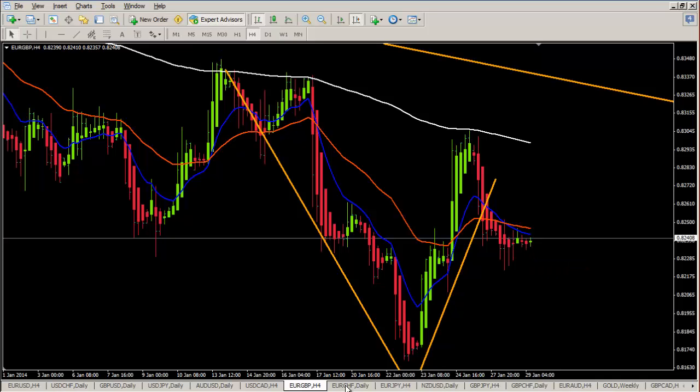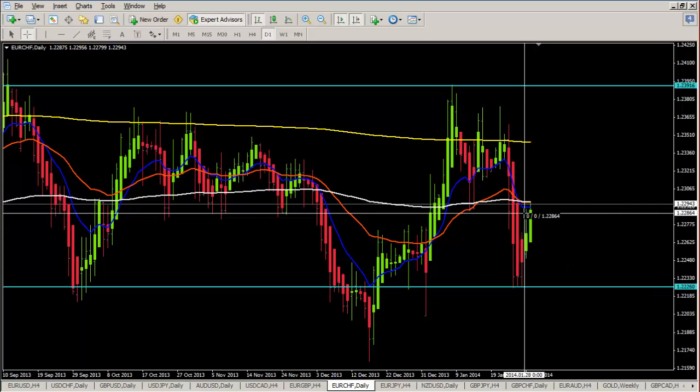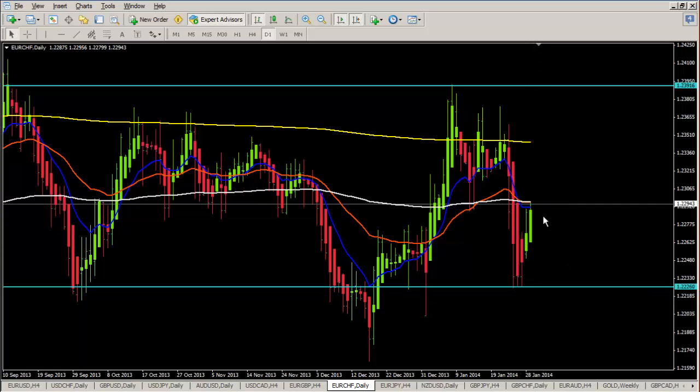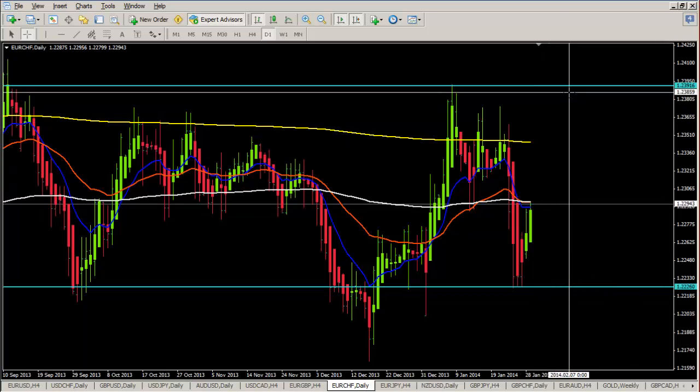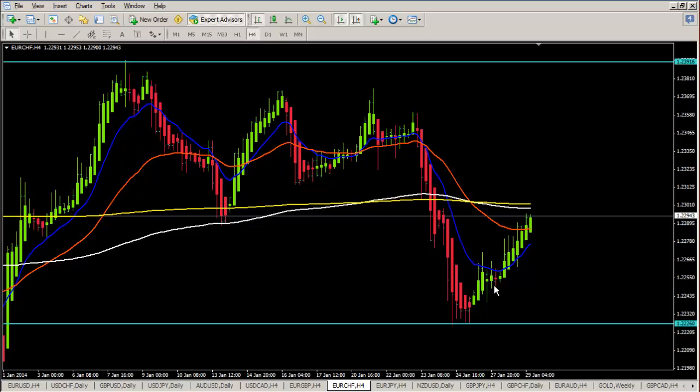Okay, Euro CHF. Again, we have our range there, and as we said yesterday, if it's bouncing, we can try, but you see, it's somewhere in between our support and resistance, so even that is probably not the best thing to look at right now. It's retracing up, so if it gets a 1, 2, 3 higher low, maybe on the 1-hourly chart, you find an entry to go along and reach resistance.